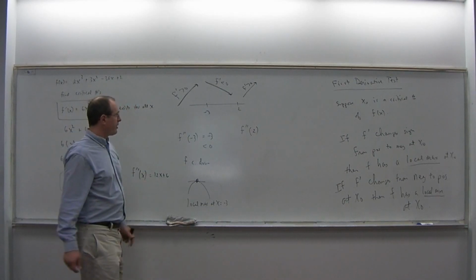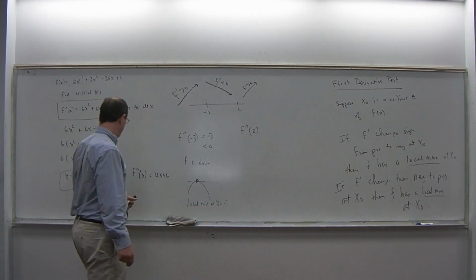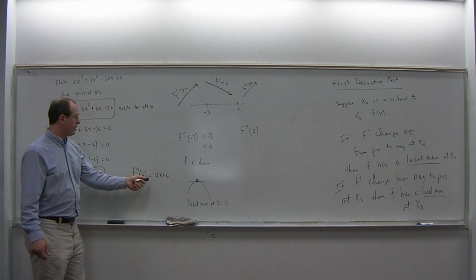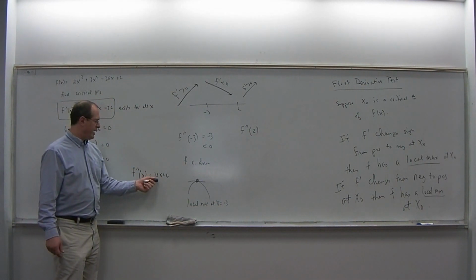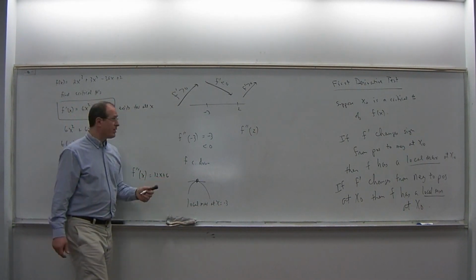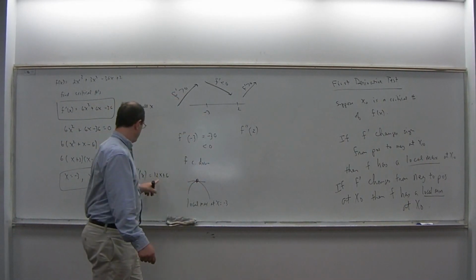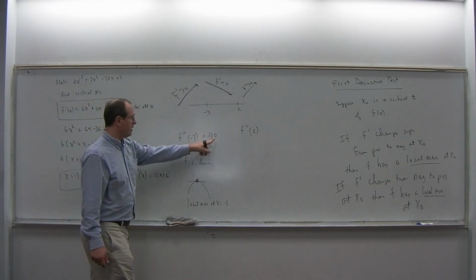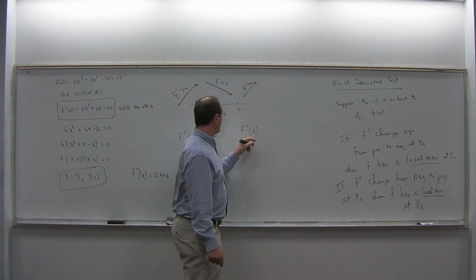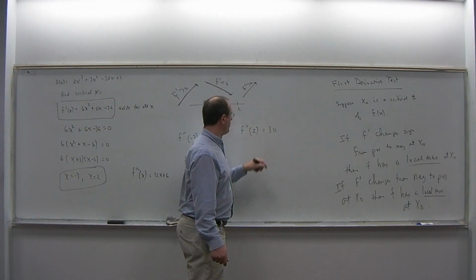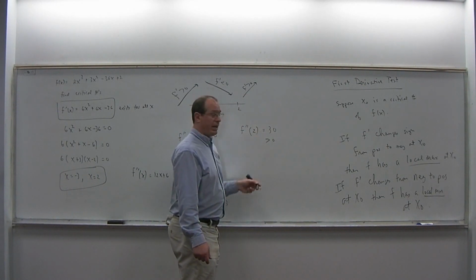And in the other case, f double prime of 2, if we put 2 in for x, we get 30, positive 30. This was -30, right? -30. I missed the 0. F double prime of 2 is positive 30, which is positive.